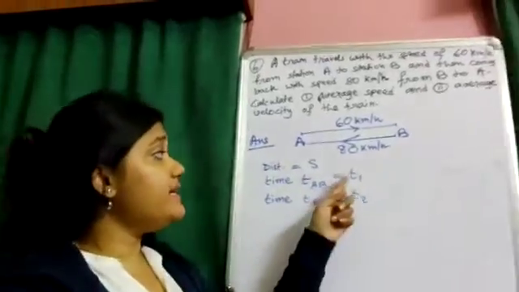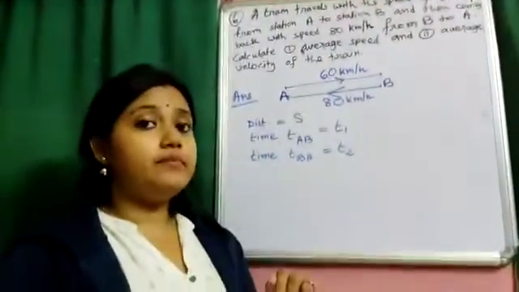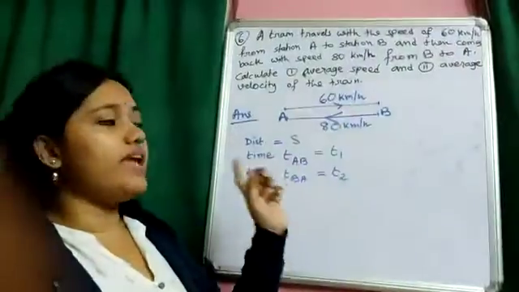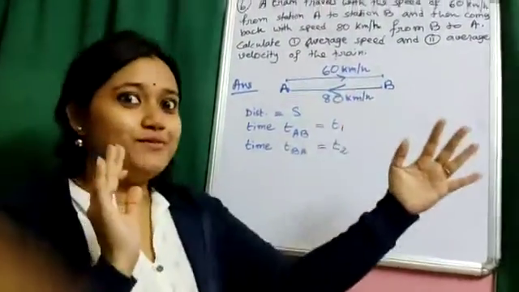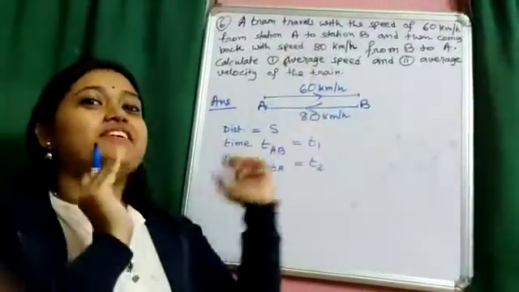Why have I taken T1 and T2 as different times? Now check it. The distance of A to B is constant, because stations are not moving, isn't it? Stations are at a fixed place.